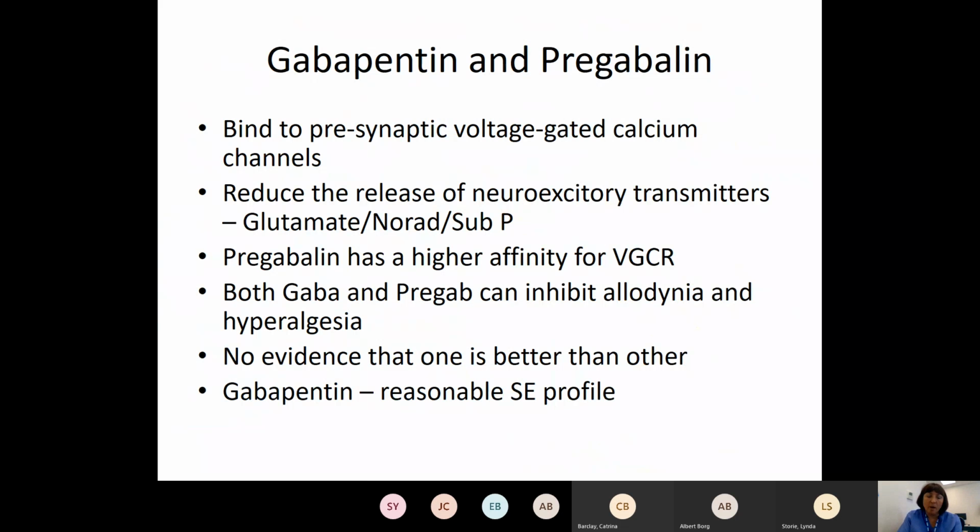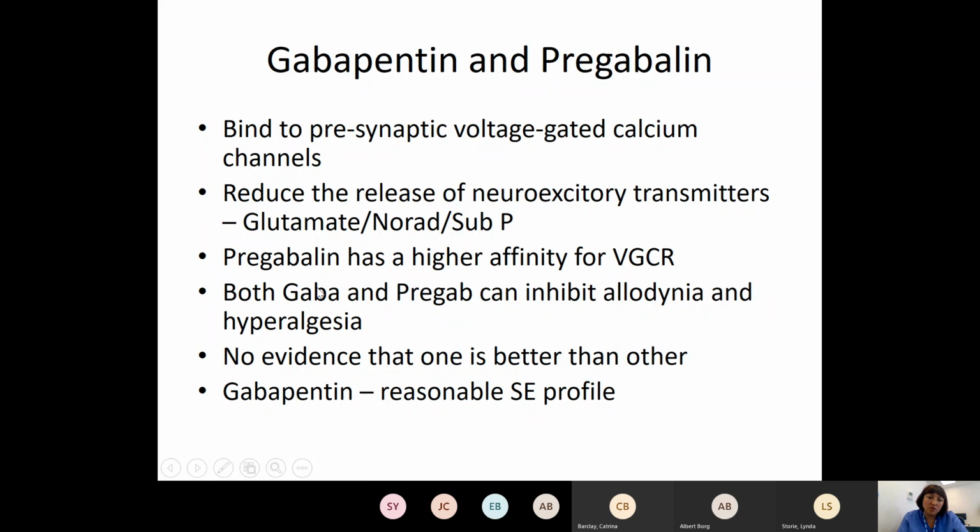So as I said, they bind to the presynaptic voltage-gated calcium channels. They release a number of neuroexcitatory transmitters, including glutamate, noradrenaline, and substance P. And pregabalin may have a higher affinity for the voltage-gated calcium channels.